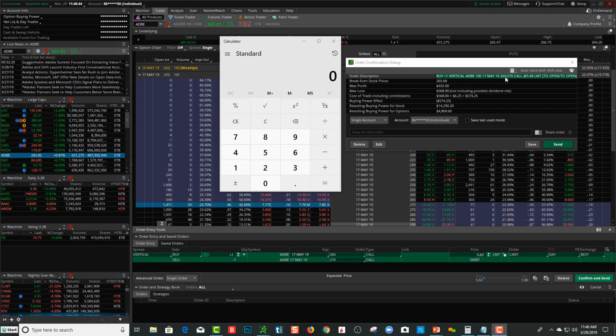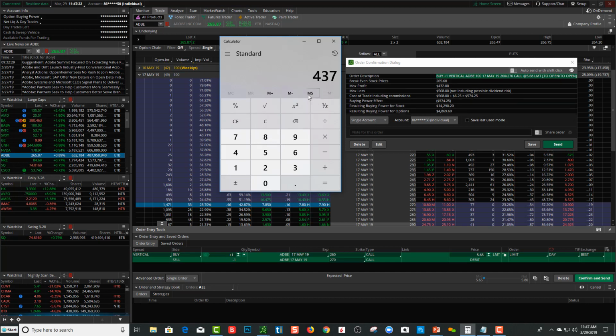How you calculate max profit is take the width of the strikes, which is $10, 270 minus 260, minus the debit, let's say 5.63, which equals 4.37 times 100, because 100 shares in one options contract, equals $437. That's just because the debit amount keeps going up and down as I'm making this video. So that is the most that you could make on a debit spread.